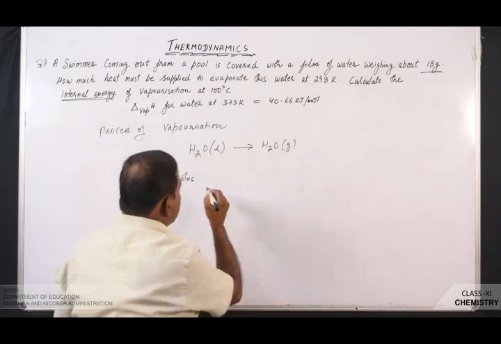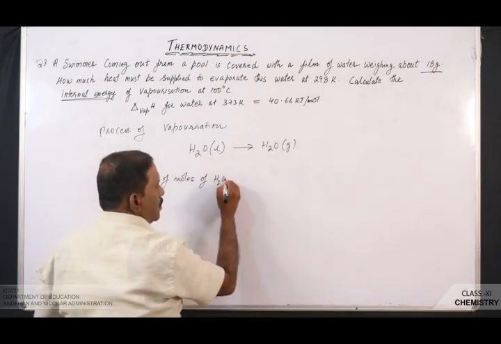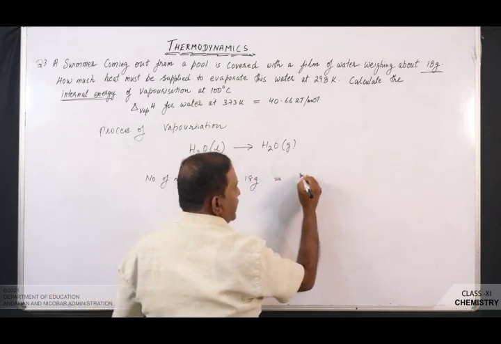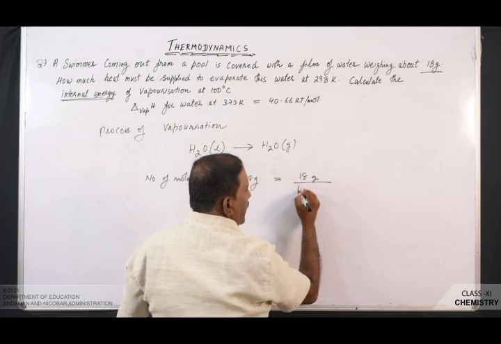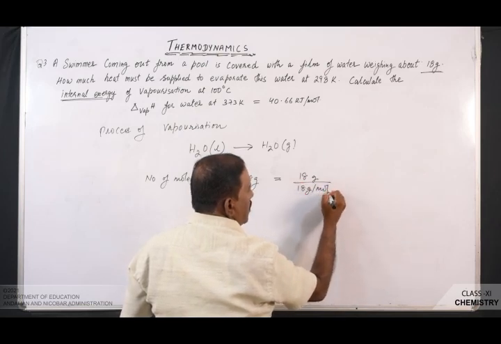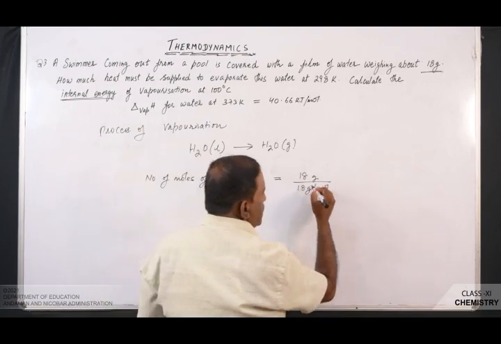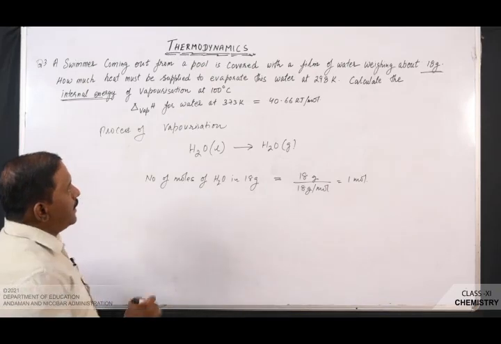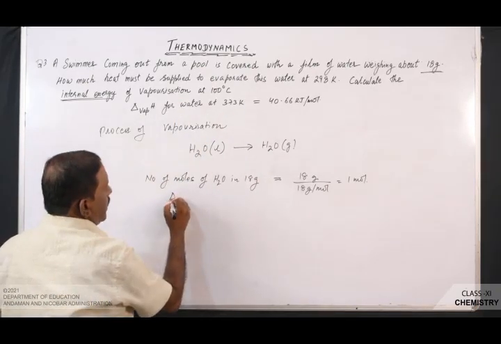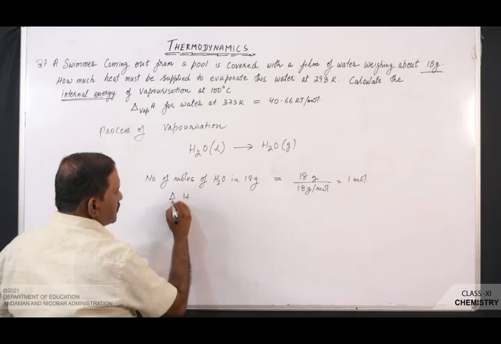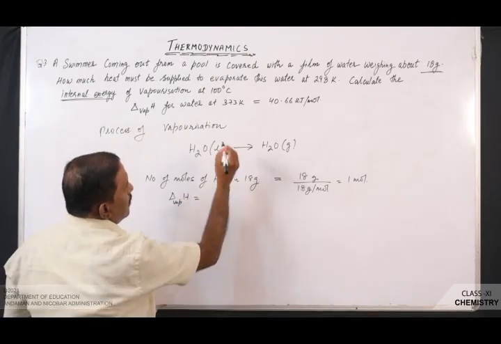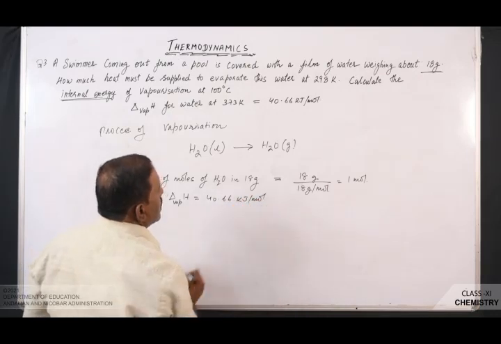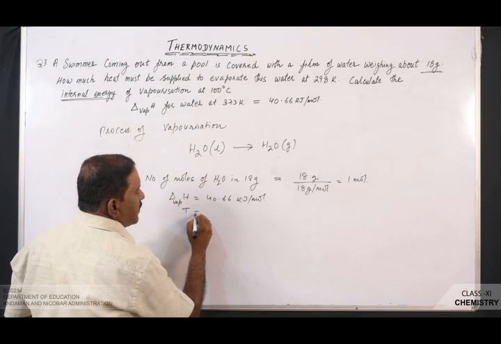So, number of moles of H2O in 18 grams is equal to given mass, 18 gram, divided by 18 gram per mole. Okay, students. So, that is 1 mole. So, we got 1 mole, and here the enthalpy of vaporization is given as 40.66 kJ per mole. Okay, students. So, temperature is given as 373 Kelvin.